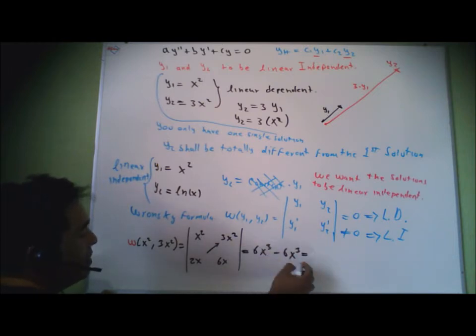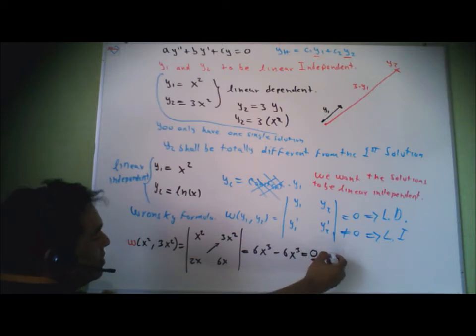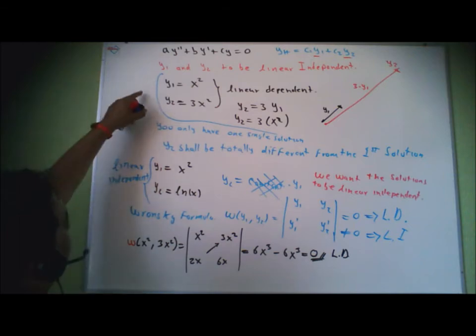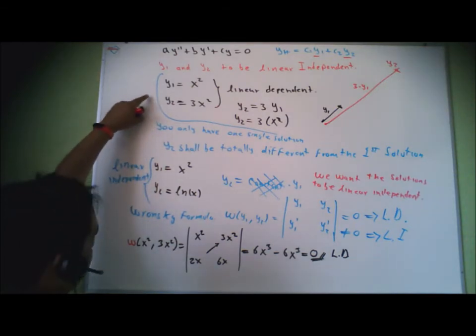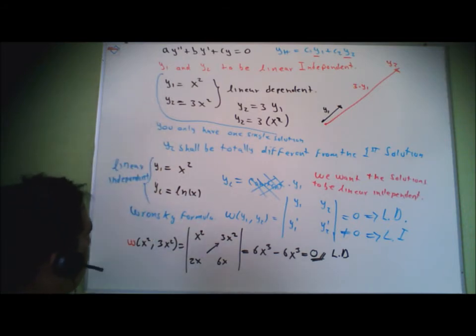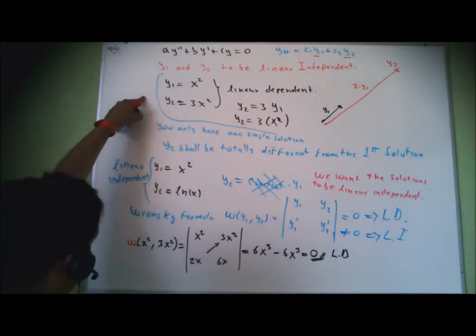This subtraction leads to 0. That means they are linearly dependent, so the second solution is the same as the first solution, and we need to find the second solution.